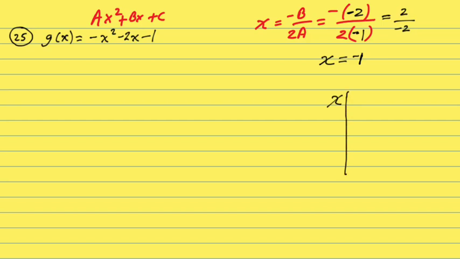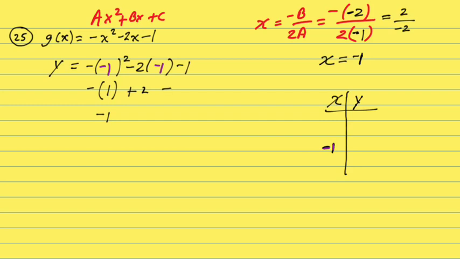So if I plug -1 in, I'm going to get a y value out. So I have y equals -x squared minus 2x minus 1. I'm going to replace the x with a -1. What happens? You have -1 squared, which is 1, so that's -1, plus 2 minus 1.